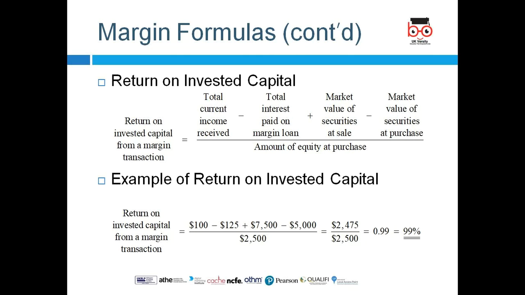Return on investment is total current income received, minus total interest paid on the margin loan, plus the market value of the security at sale, minus the market value of the security at purchase. So all this we can calculate to see what we are making.